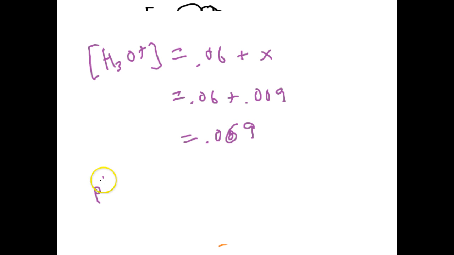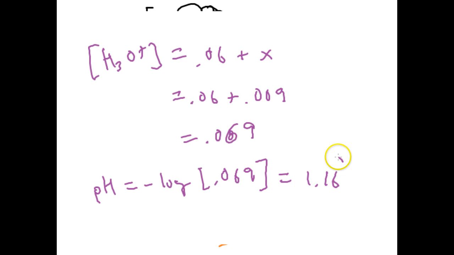So the pH would be the negative log of 0.069 instead of 0.072, which was the case with the approximation. I get 1.16. So that's different from 1.14.